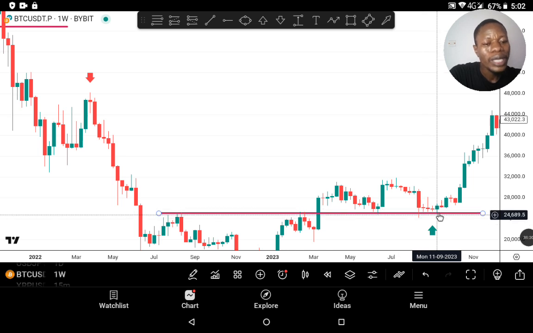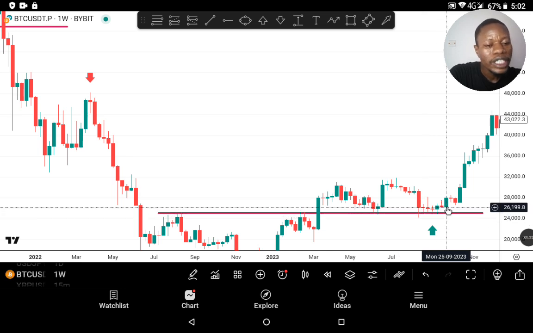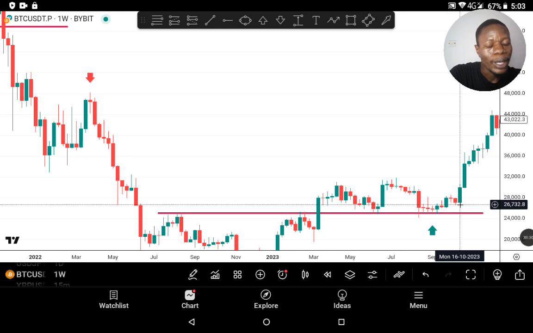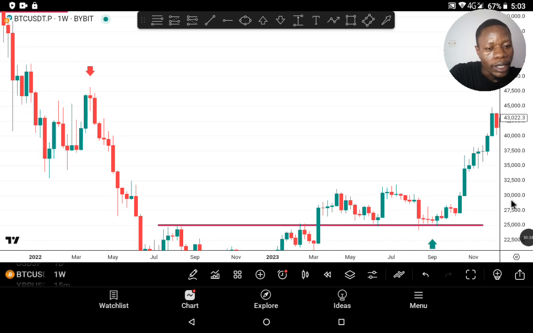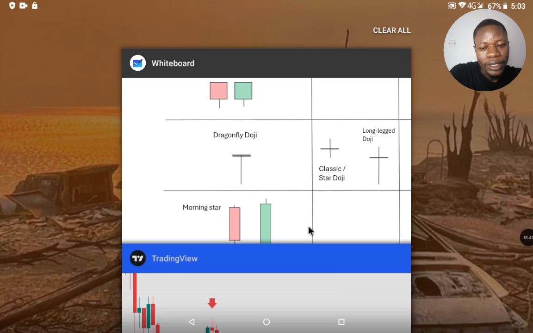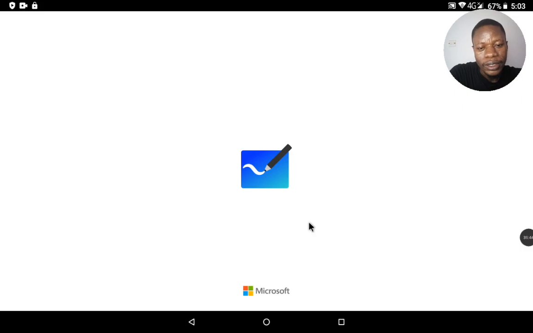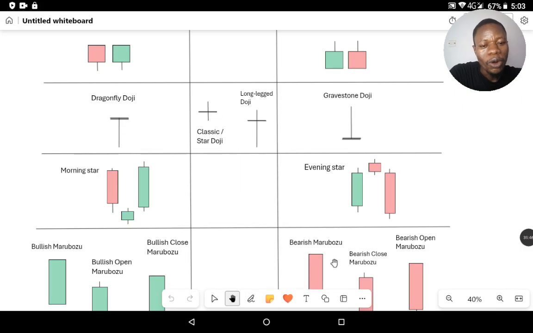So until we have what? A bullish candle that gives us the sign that okay, now the buyers are coming into the market. So at the end of the day, what confirmation do you have here? You have an open bullish marubozu.